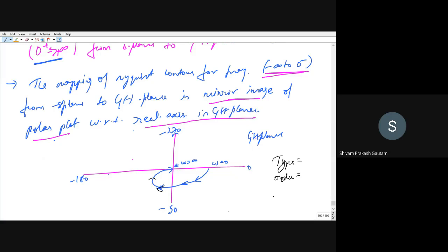Okay, so tell me, what is the phase you see at omega equal to 0? Can't you see that this is 0 degree?